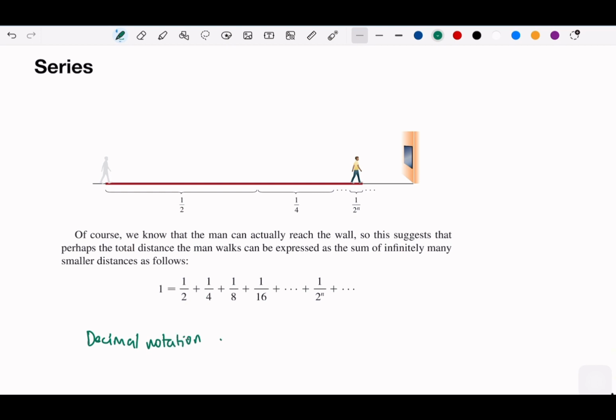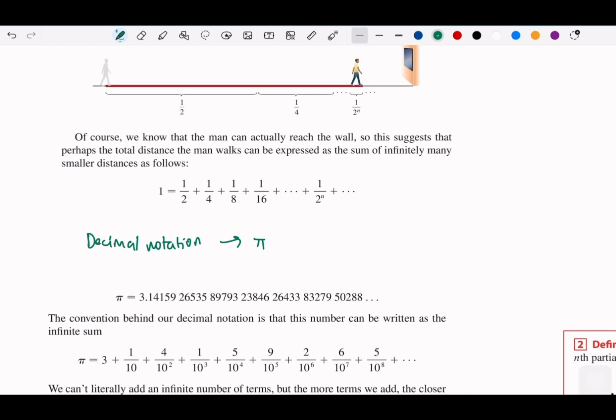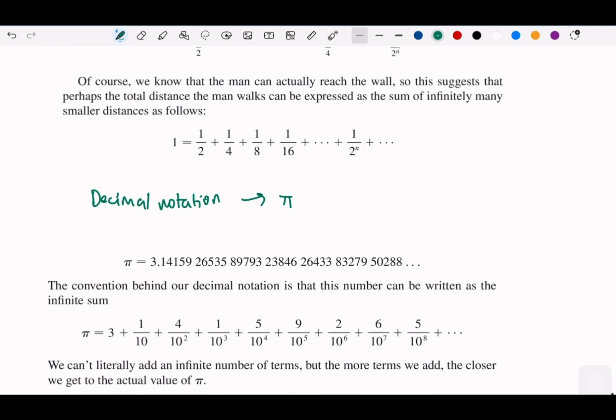For example, pi. If we break down the number pi, the convention, the official number is this, okay?